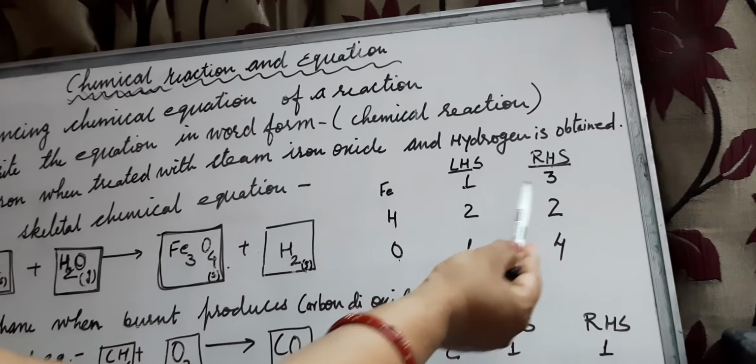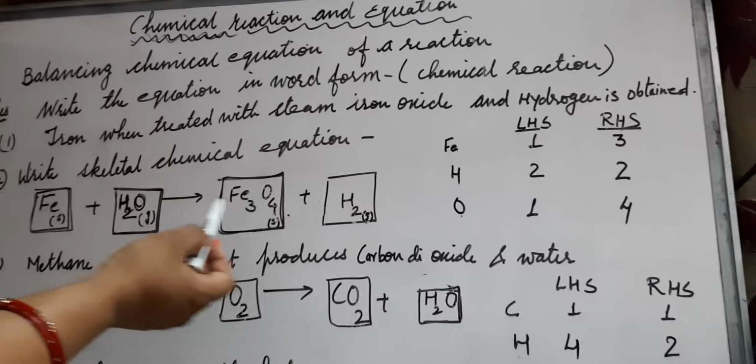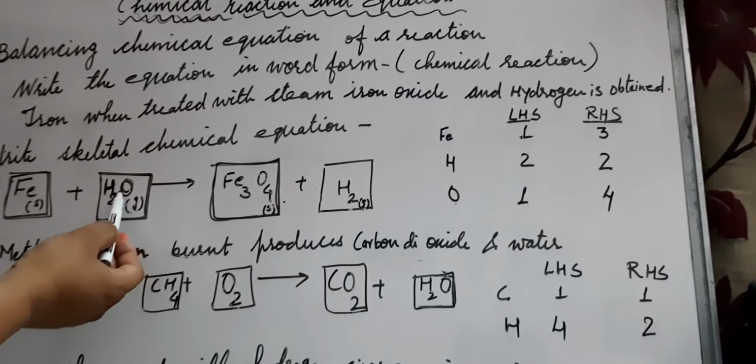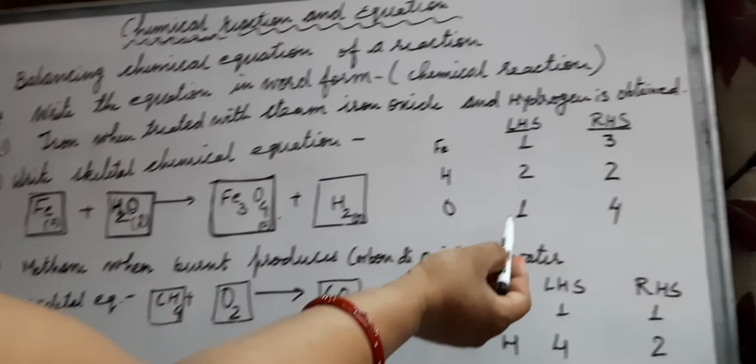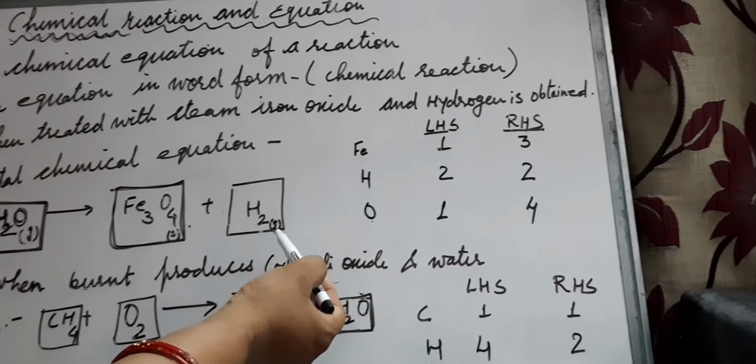Hydrogen on the LHS is 2 and hydrogen on the RHS is again 2. Oxygen on the LHS is 1, oxygen on the RHS is 4. So this is the table of the elements present in the equation.